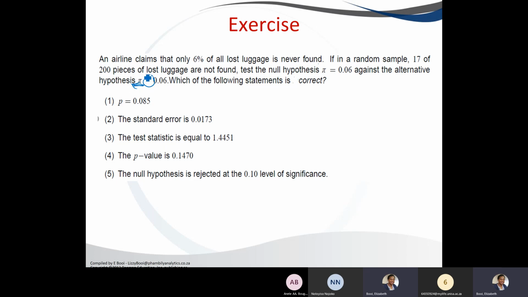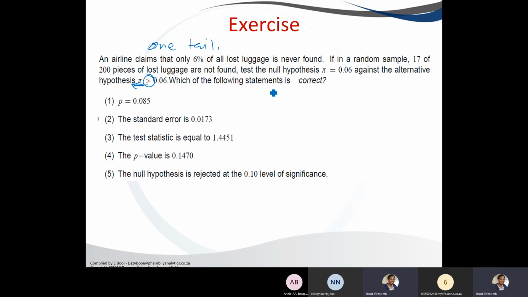So they already stated our null hypothesis and alternative. Based on this information, we're doing a one-tailed test. I'm not going to look at what the answers are telling me. I'm going to do the 6 steps and then I'll come to the question and answer this.